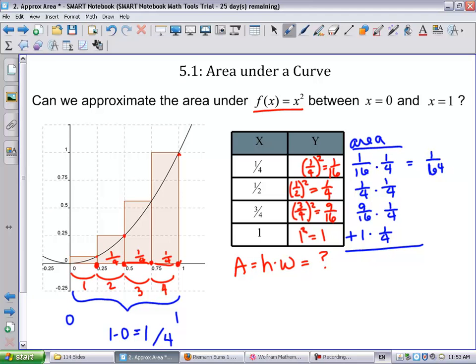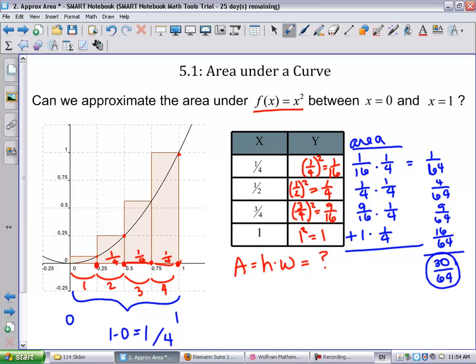And then it's 1/16, so that's 4/64. That's 9/64. And 1/4, which is 16/64. Adding them all together, we get 5 plus 9, 14, plus 16, 30/64. All right, so that is our approximate area.